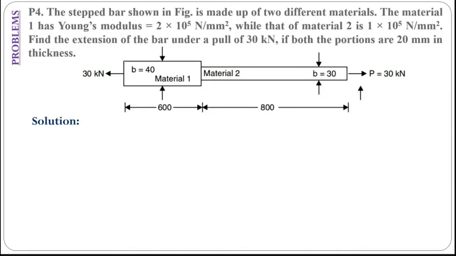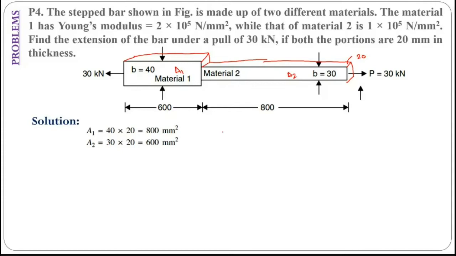So it is like this, and this thickness is 20 mm. You have base and thickness, so from that you can identify area one and area two. Let me proceed.